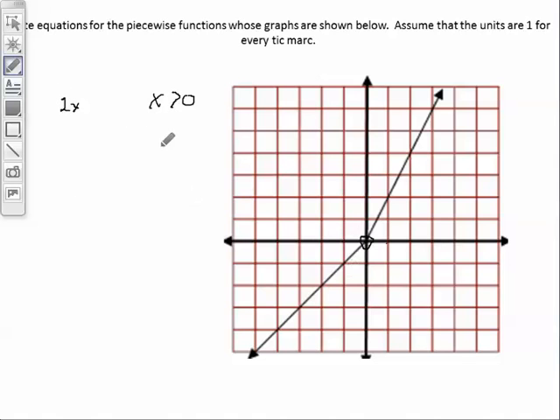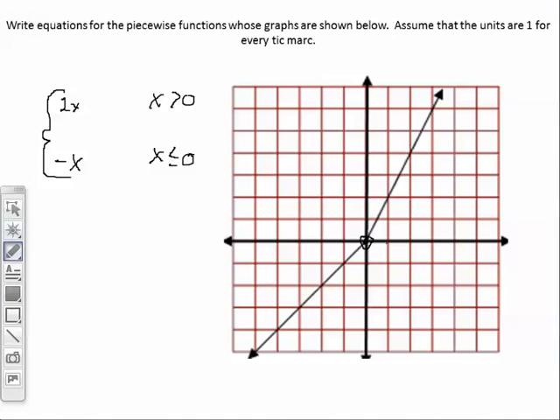And then for x less than or equal to 0, that way I get this thing filled in as a solid line. It looks like it's got a slope of over 1 down 1, that's negative 1, so it's a negative x. So my piecewise function, using my little curly bracket there, would be f of x equals that.